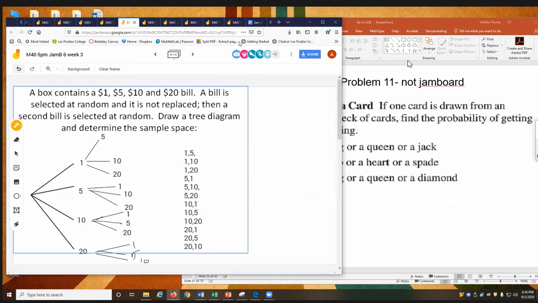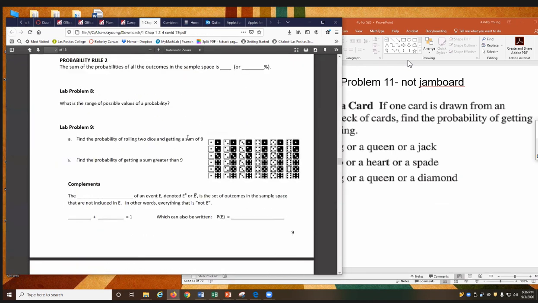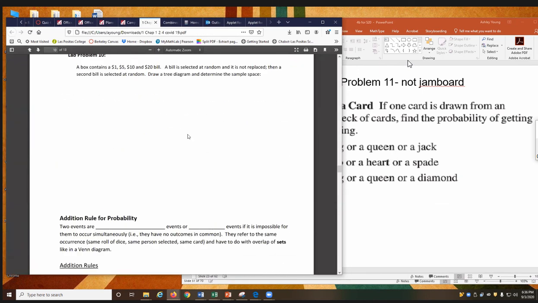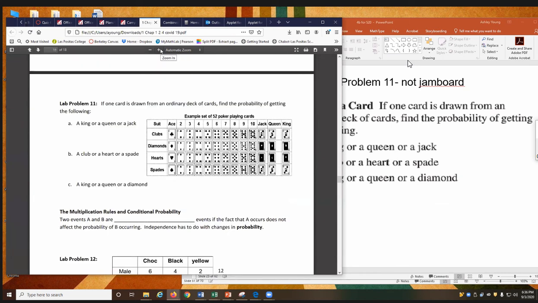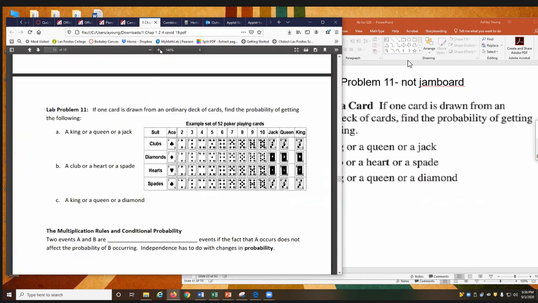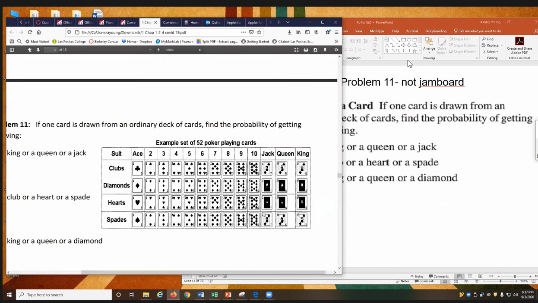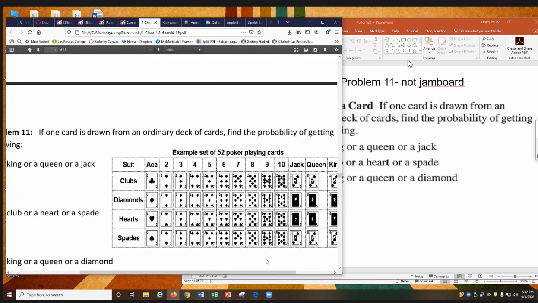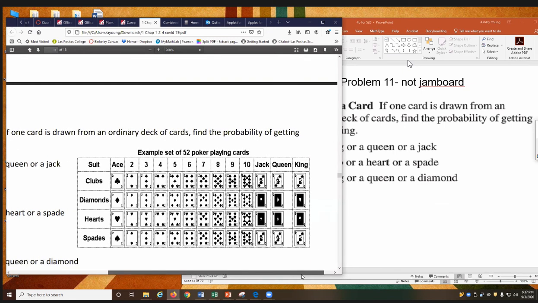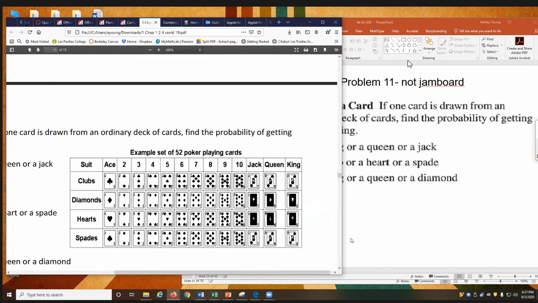Let me grab our notes. We are right here. King or a queen or a jack. Make it a little bit bigger. What's the probability that I get a king or a queen or a jack? So everybody write it down. What do you think?